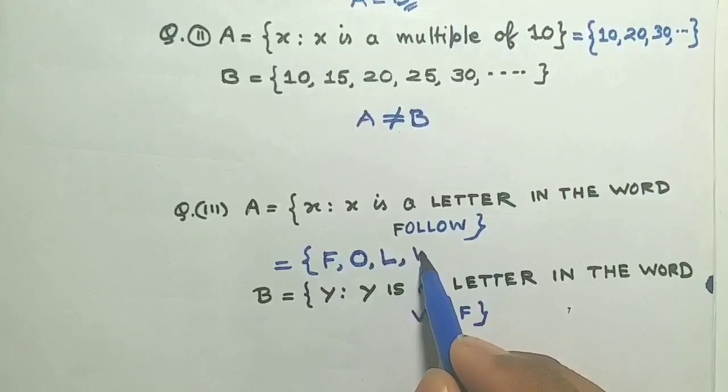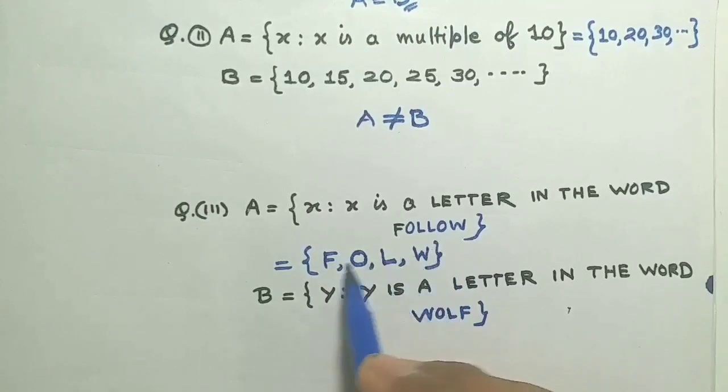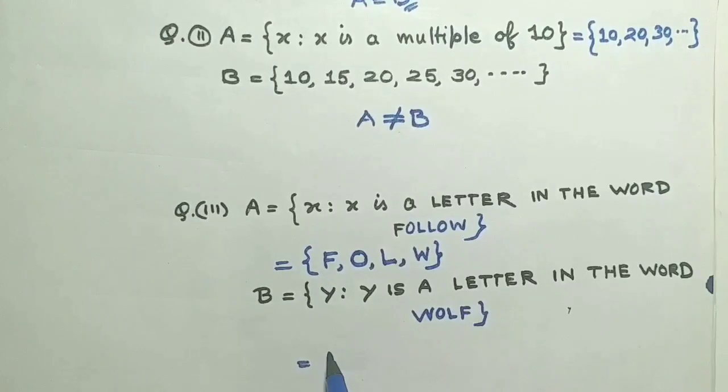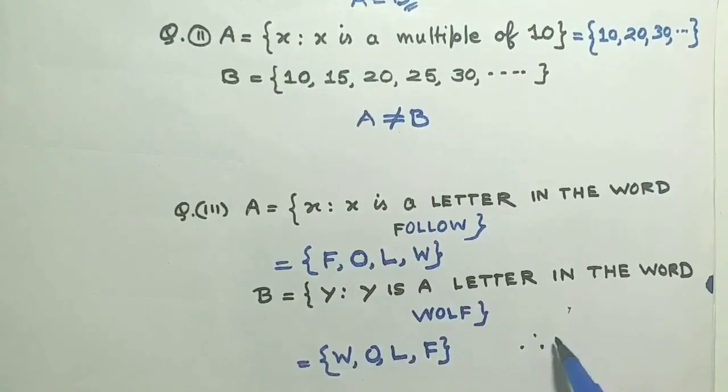O is not going to be written again, and W is the final element in A. Now let's move to B. B contains W, then O, then L and finally F. Comparing A and B, we find they are the same because, although their orders are not the same, the elements are exactly the same. So we can write A is equal to B.